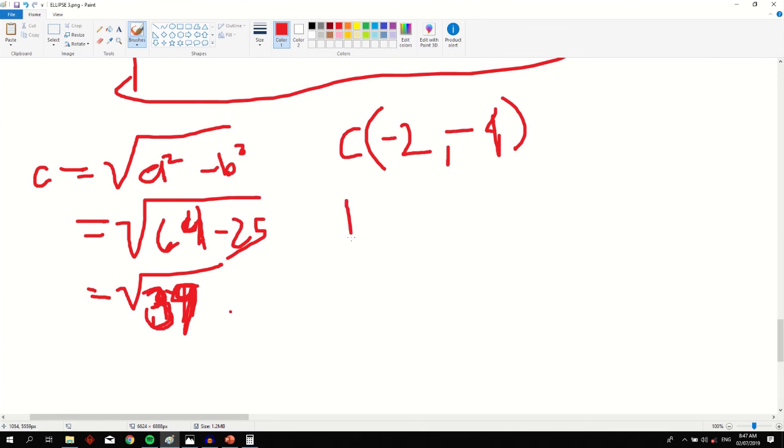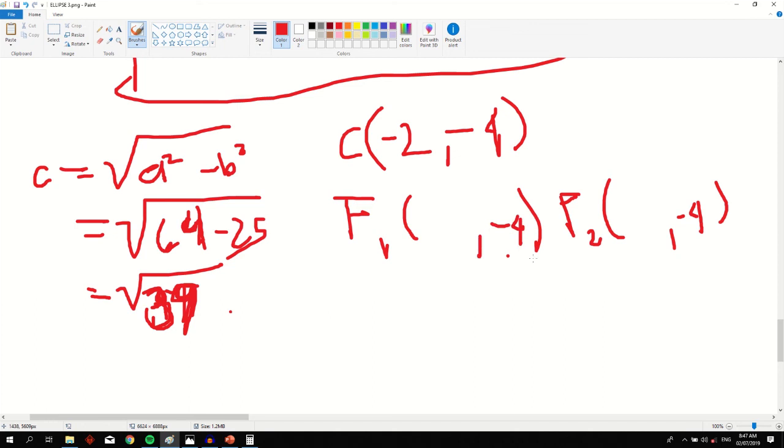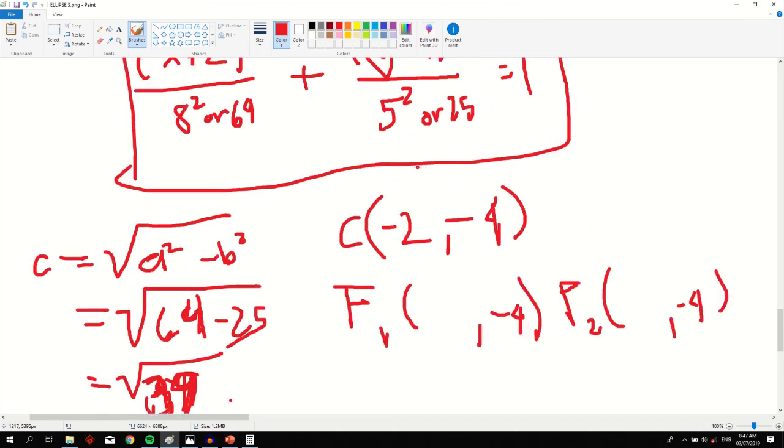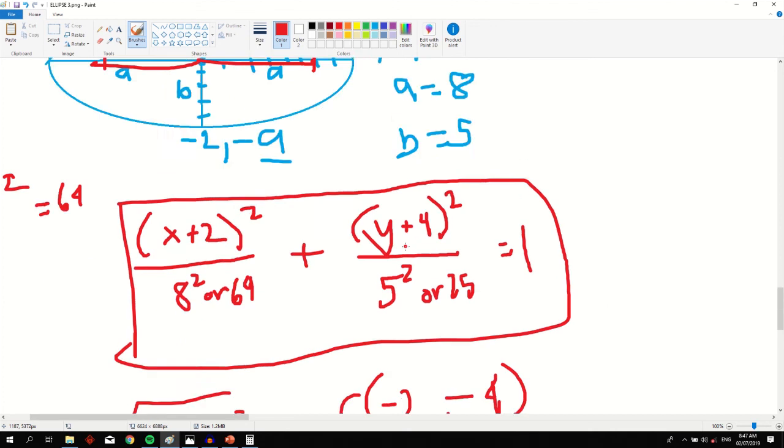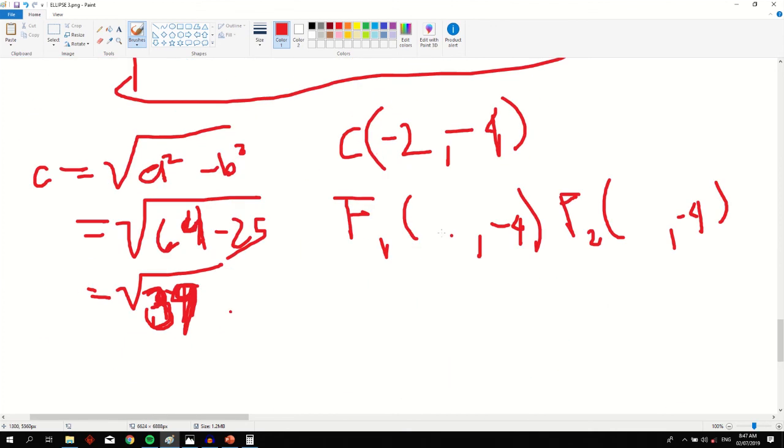The focus 1 and the focus 2 should have the same y. Next we will use the center and move the x. So we have negative 2 plus square root of 39 and negative 2 minus square root of 39.